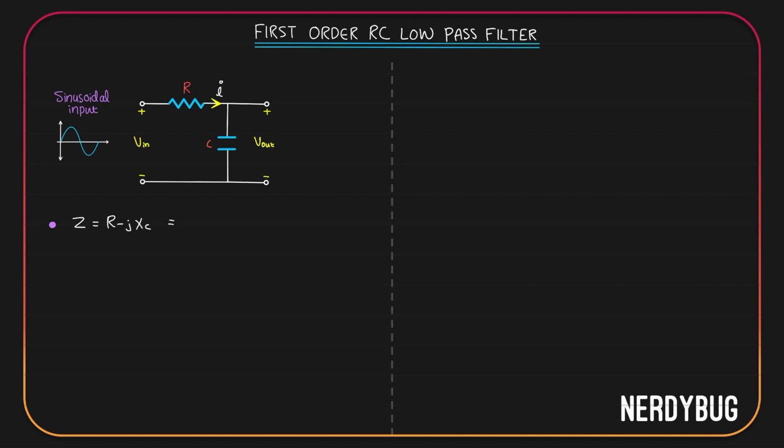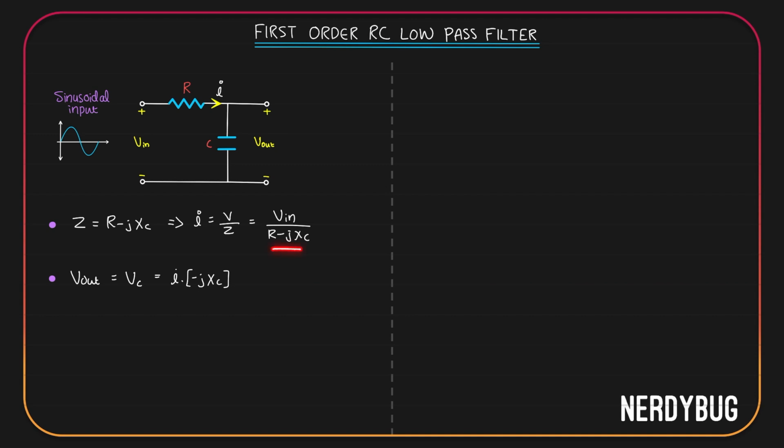So using Ohm's law, I can write the current in the circuit is V by Z, that is V input divided by R minus JXC. Now I need the output voltage. Here the output is taken across the capacitor, so output voltage will be the voltage across the capacitor. According to Ohm's law, it is I multiplied by the impedance of the capacitor, that is minus JXC.